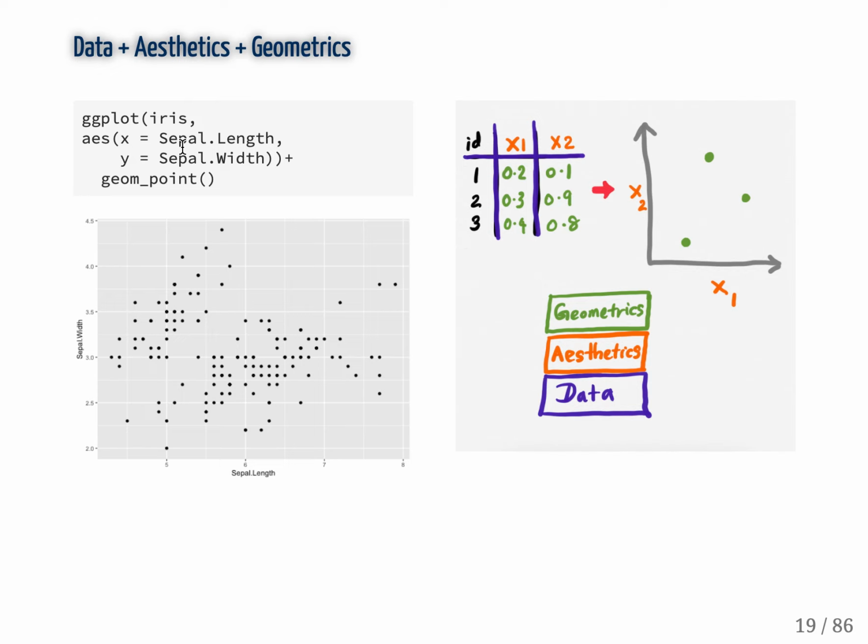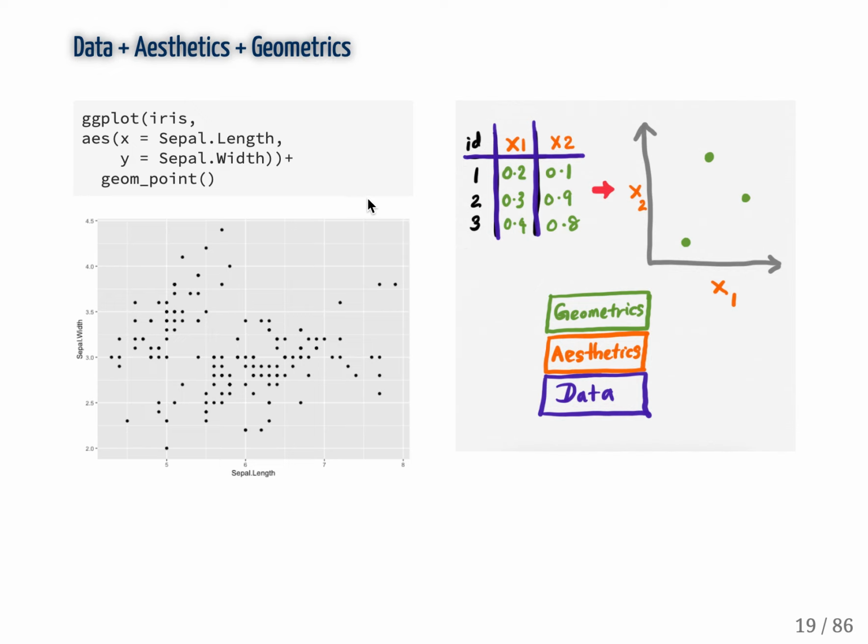Next, we use aes to define the second layer. That's for mapping variables. Aesthetics informs the plot. Sepal length in iris is the x variable, and sepal width in iris is your y variable. Next layer is geometric. It specifies the object that you are going to put on the graph, in this case points.